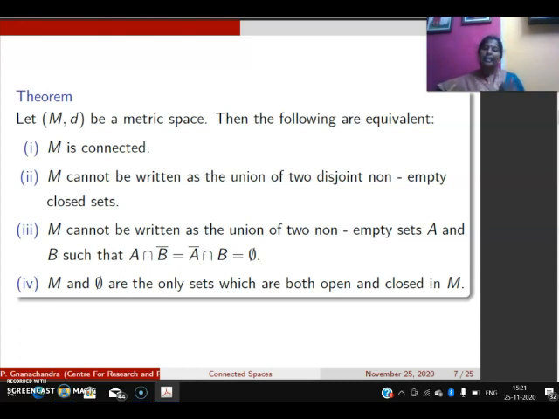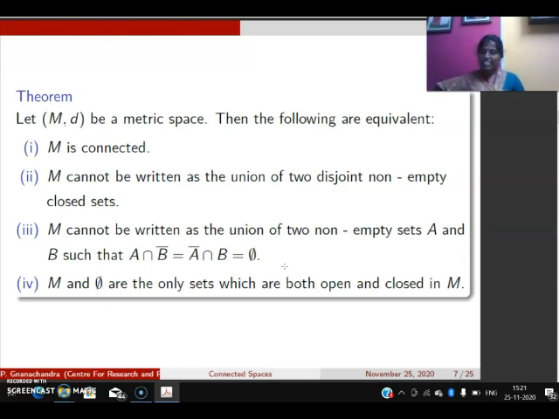And the next one: M cannot be written as the union of two non-empty sets. Here I have taken ordinary sets, not open, not closed, just sets A and B such that A intersection B closure equals A closure intersection B equals empty. And another characterization is that the whole set M and the empty set are the only sets which are both open and closed in M.